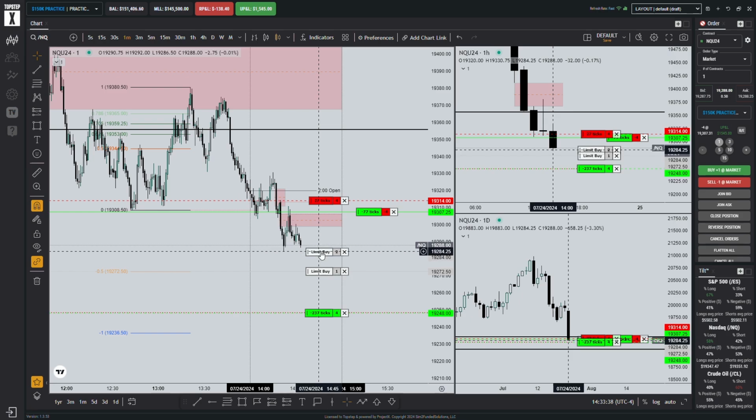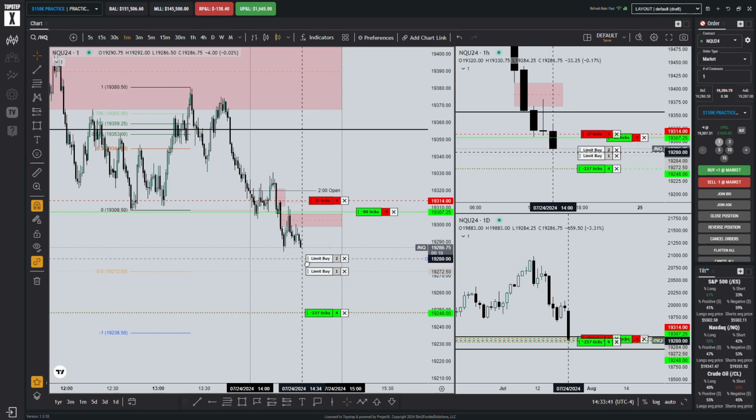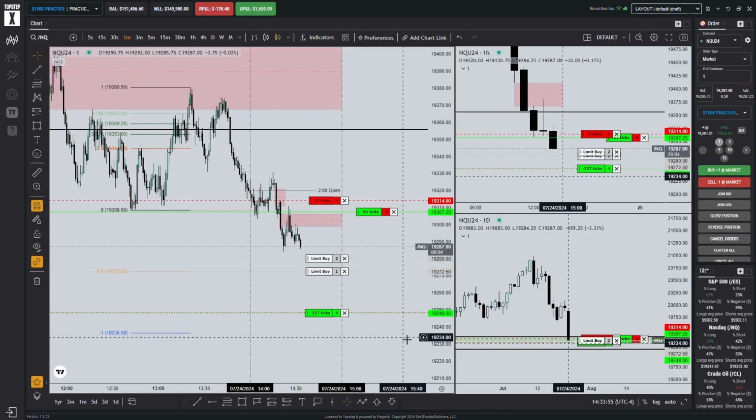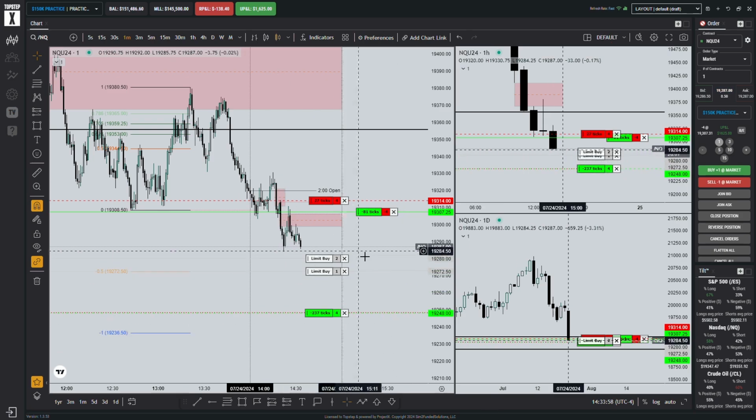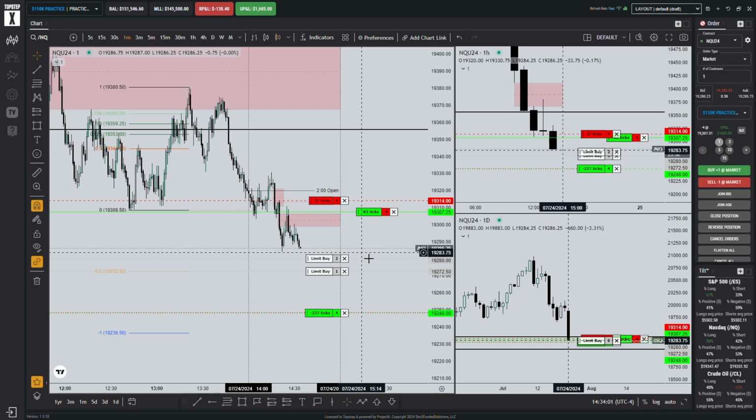I might even drag it down to the 80 level. Institutional level. I could take one off here.